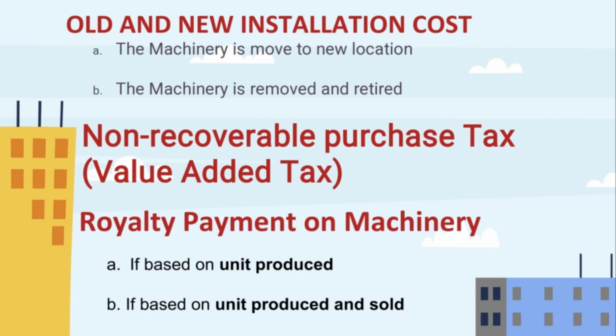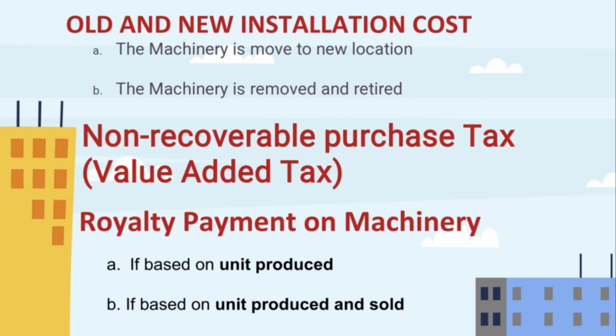Hence, it is included in the capitalized cost of the asset rather than treated separately. So, if the entity does not state whether it is a VAT or non-VAT registered, then the entity is presumed to be a VAT registered entity.